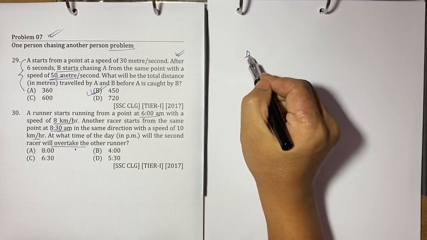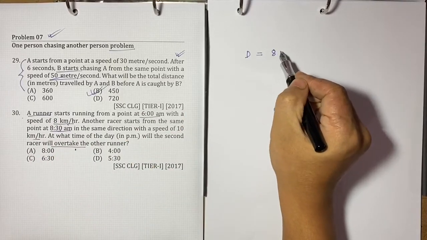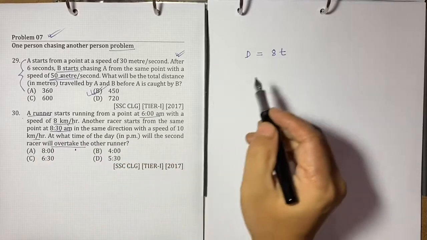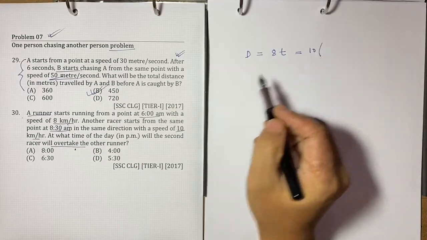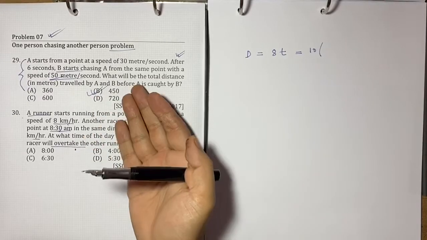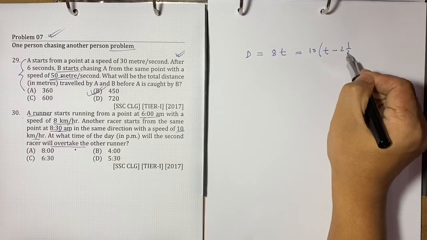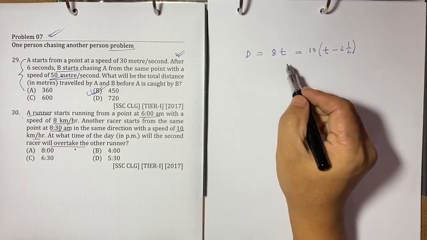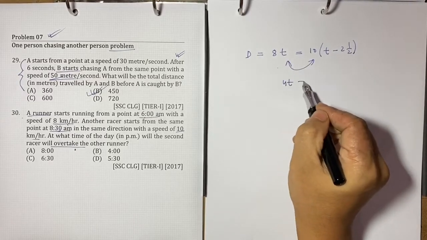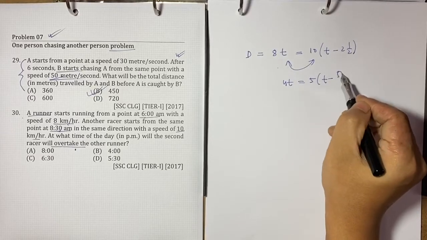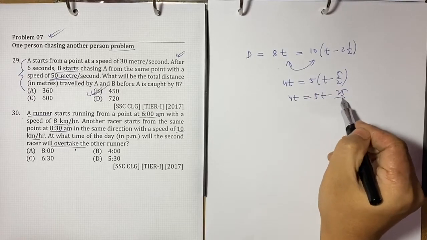Distance equals speed into time. For the first runner the speed is 8 km per hour and the time is t. For the other runner the speed is 10, and the time is t minus 2.5 hours, since 8:30 is 2.5 hours later. So 8t equal to 10 into t minus 5 by 2, that is 8t equal to 10t minus 25 divided by 2.